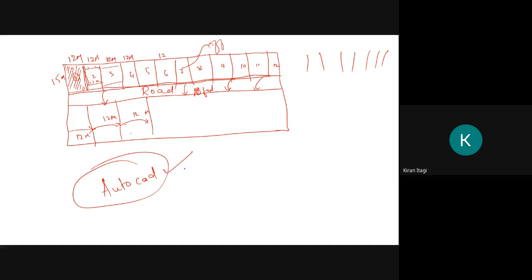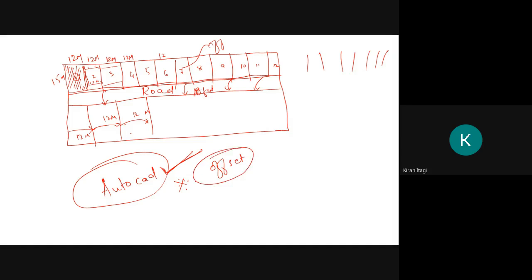You will be having software called AutoCAD, and you must learn it. As a civil engineer, we must learn this software. In AutoCAD, the command that we use the most is offset.